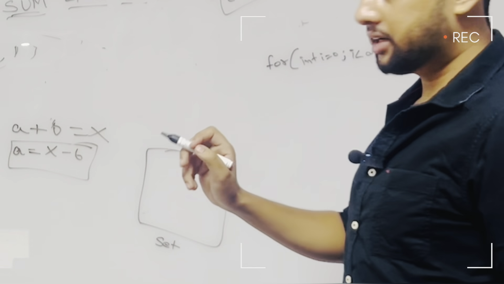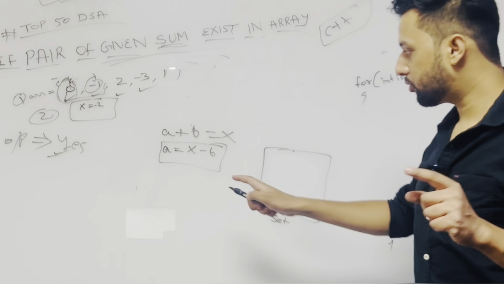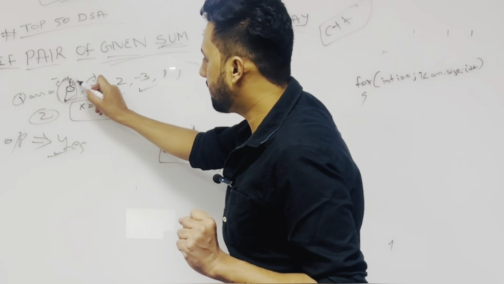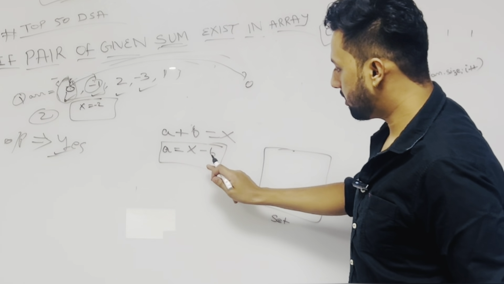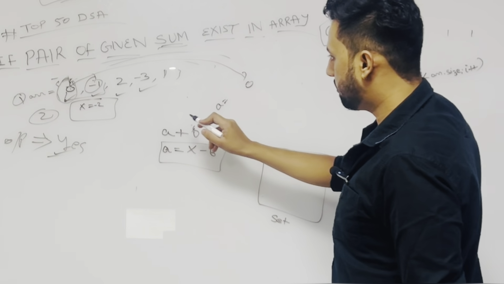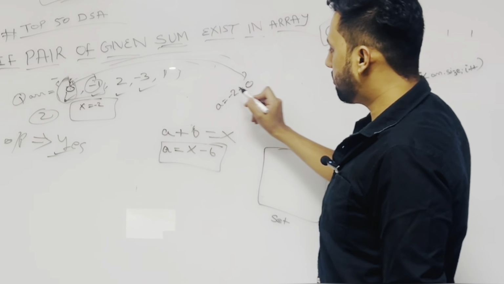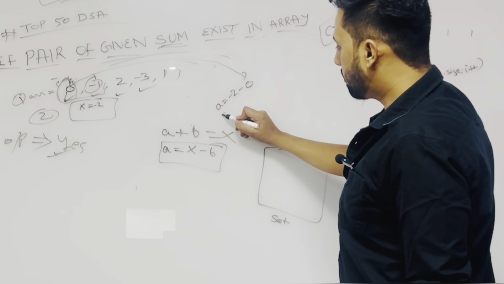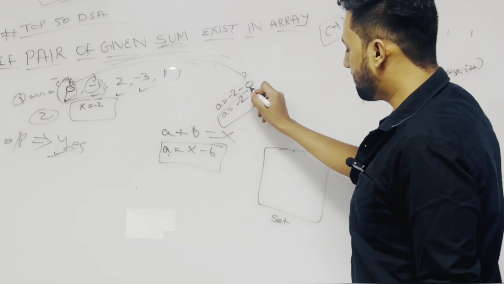Now we have to use this formula. We will pick this element, 0. Then a equals x minus arr of i. What was our x? -2. So -2 minus arr of i, which is 0. We have to compute this value first, so it will be -2 in our case, right?